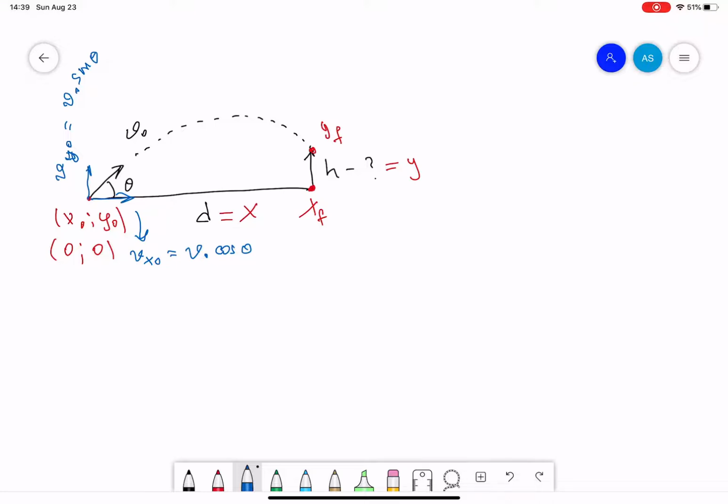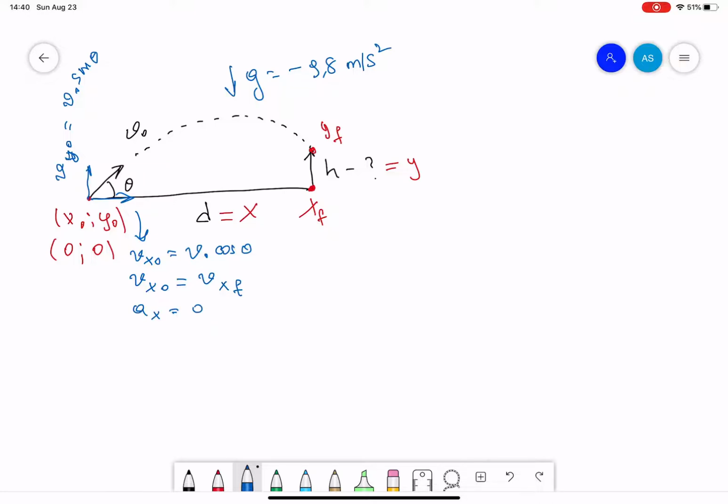We also know that the velocity in the x direction is constant, so vx initial is also equal to vx final. We also know that g is pointing downward, which is minus 9.8 meters per second squared, and the acceleration in the x direction is equal to 0.